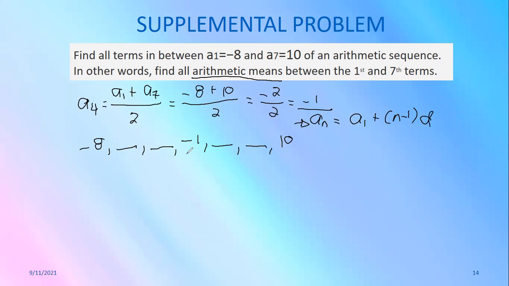Okay, so what are we going to do? We will use the value of your fourth term. So the fourth term is negative 1. So we have negative 8 plus, okay, negative 8 to get the common difference plus number of terms. The middle term is 4 minus 1, then multiplied by d. Okay, so this will be negative 1, which is equal to your fourth term, negative 8 plus 3d.